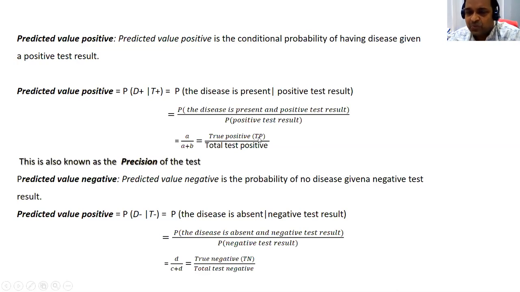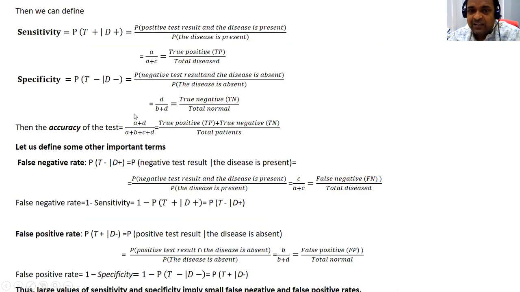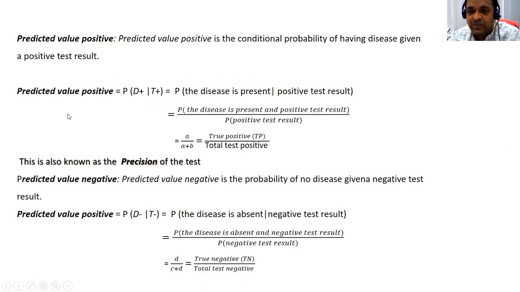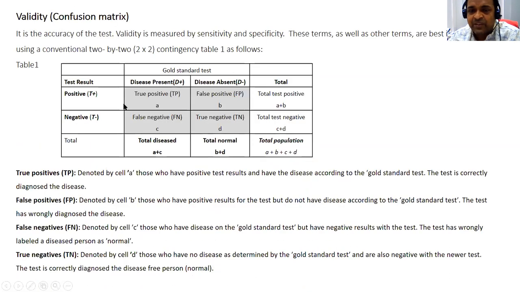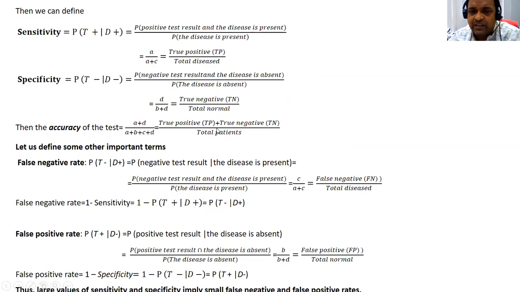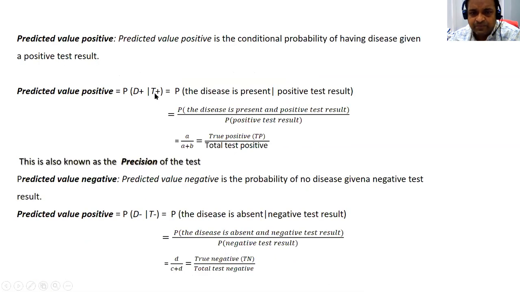For sensitivity we divide the true positives by the total diseased persons, but for predictive value positive we divide by the total test positives. Here, A plus B is how many persons got a positive test result by the lab. This gives the predictive value positive, also called the precision of the test. Please remember, if a question asks for the precision of the test, we have to calculate the predictive value positive.